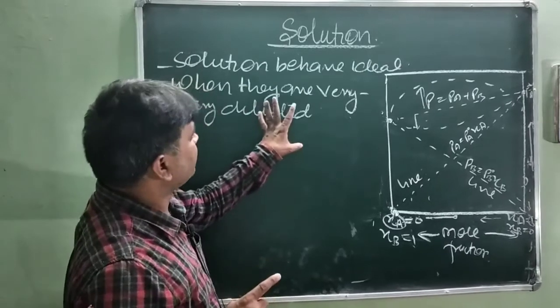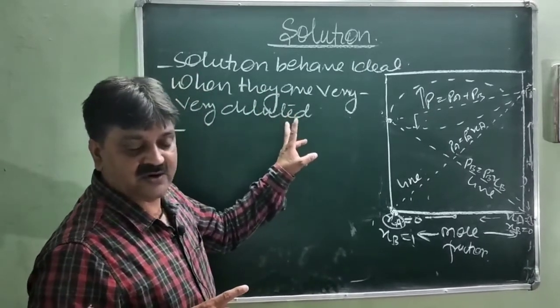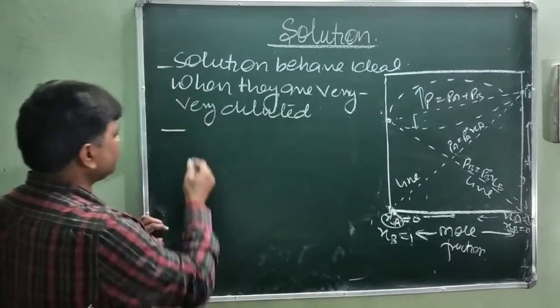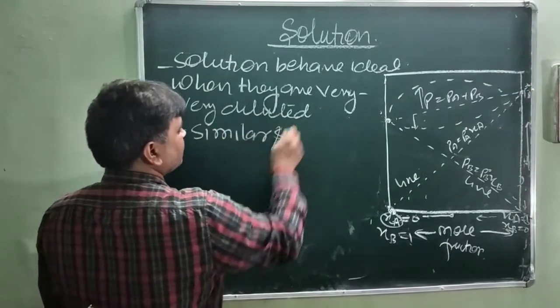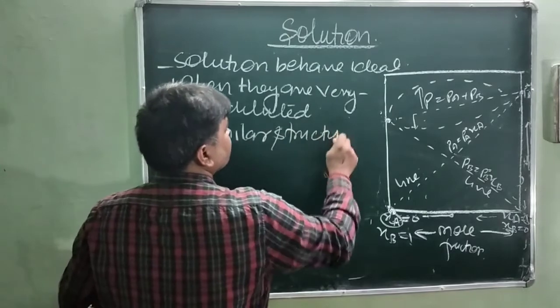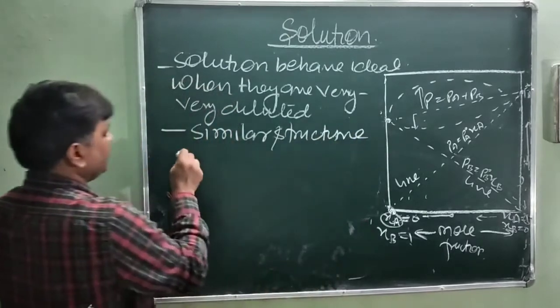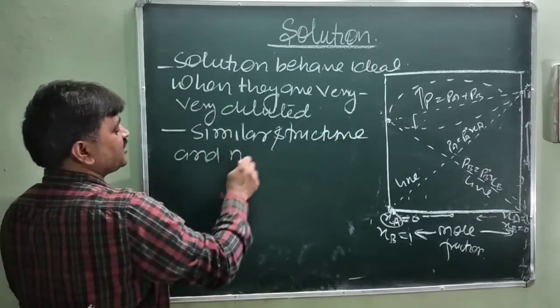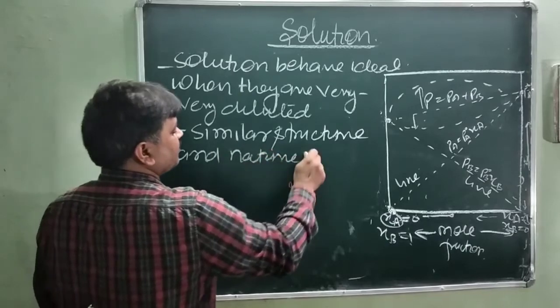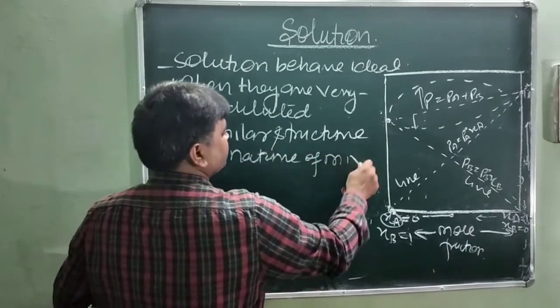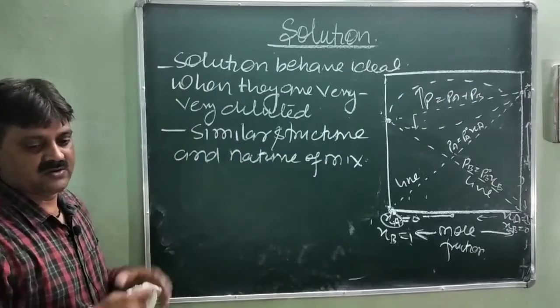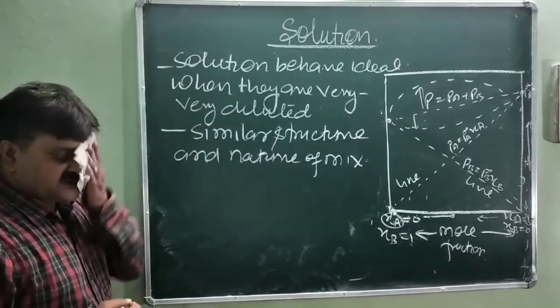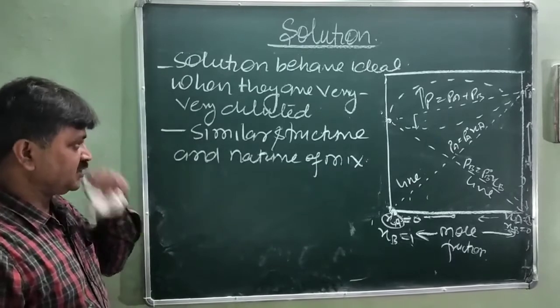One is that it must be a very dilute solution, and another is similar structure and nature of the mixtures or components that have been taken. If it follows these two conditions, it forms the ideal solution.